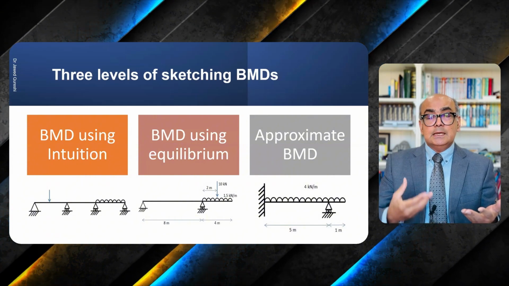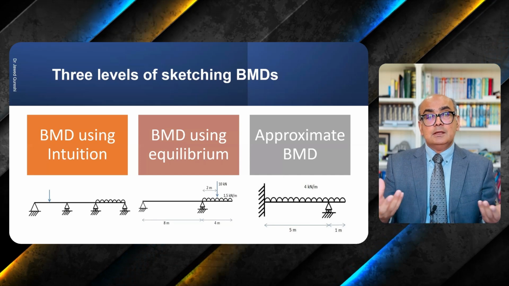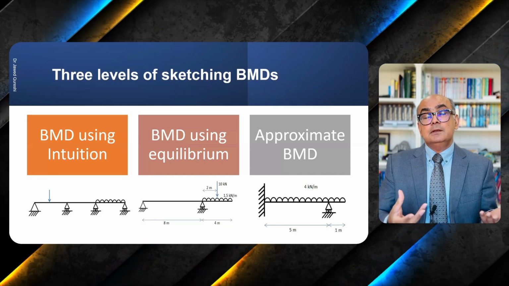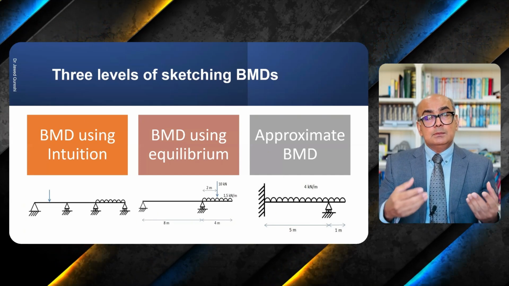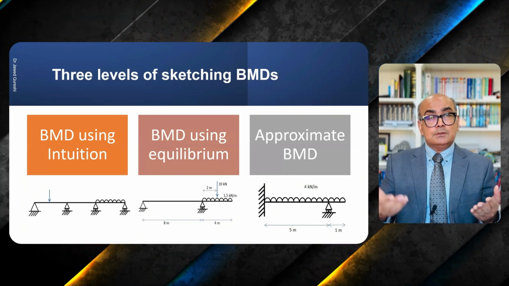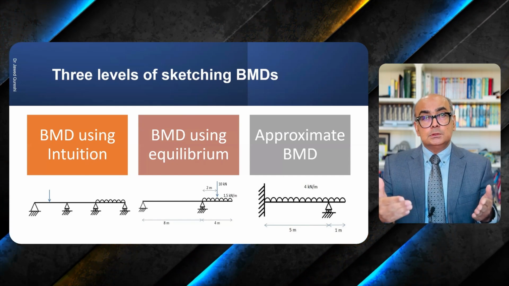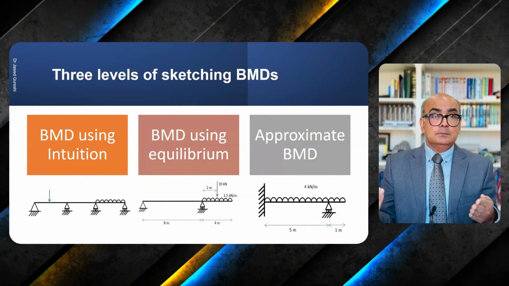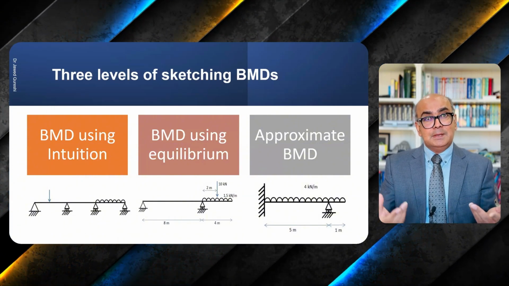You simply assume an internal pin somewhere along the length, somewhere where the point of contraflexure is likely to pass, and in most cases the point of contraflexure is located at 1/3 to 1/4 of the span from the support, and it will really depend on how much loading is applied.